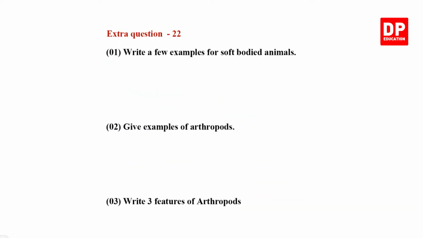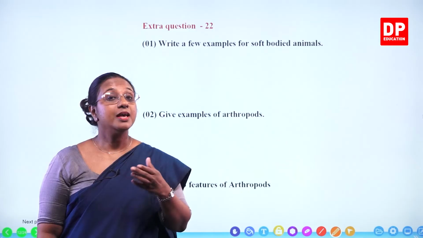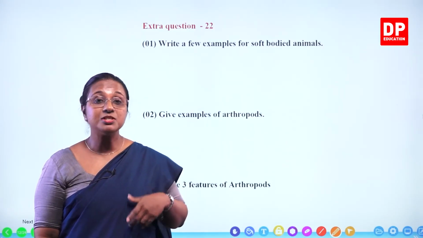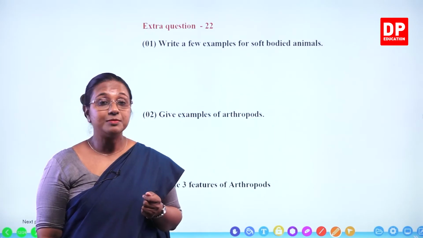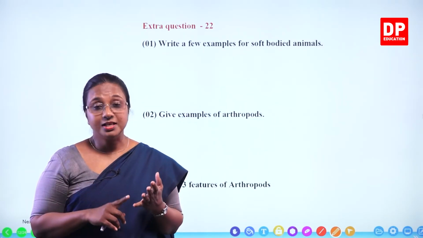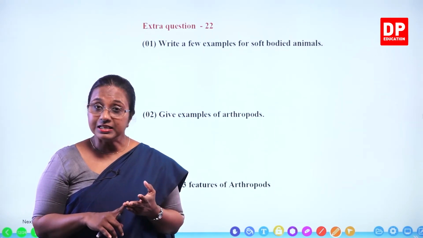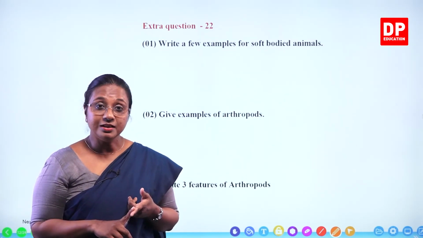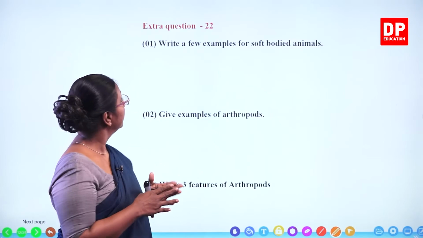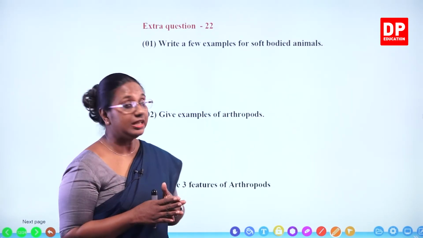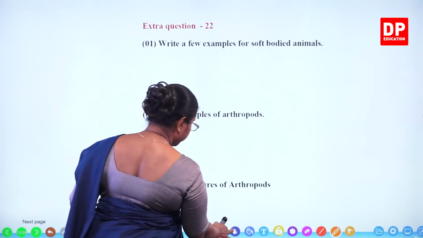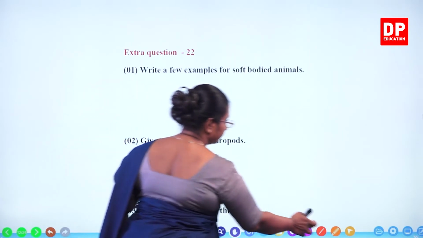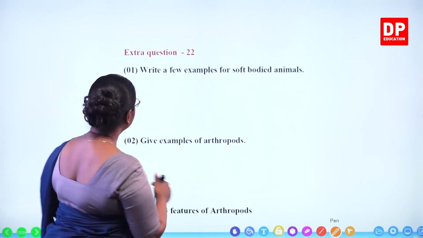Extra question 22. Write a few examples for soft-bodied animals. Examples for soft-bodied animals, the phylum Mollusca. You can write snail, then chiton, slug. We can even write squid. All those are examples of soft-bodied animals. Even bivalves.